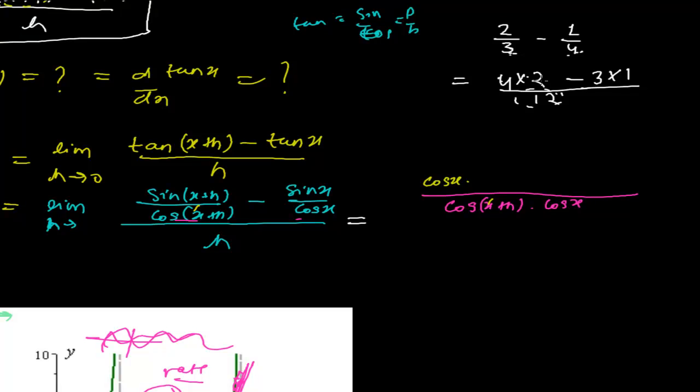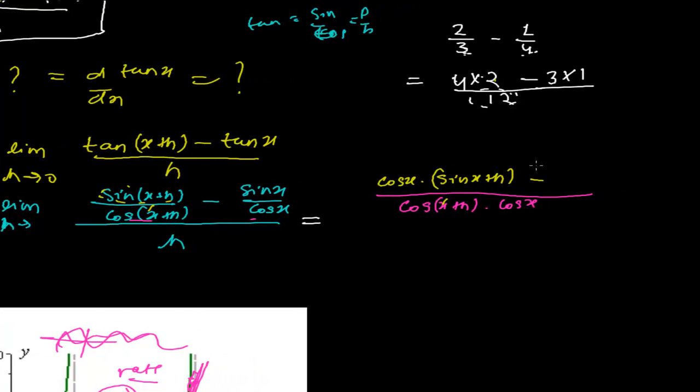So sin(x+h) will multiply now. And again minus, in the same way. This cos x will divide the whole part, so cos x and this cos x will cancel out. But I'm not cutting here exactly, we cannot cut, I'm just doing this.